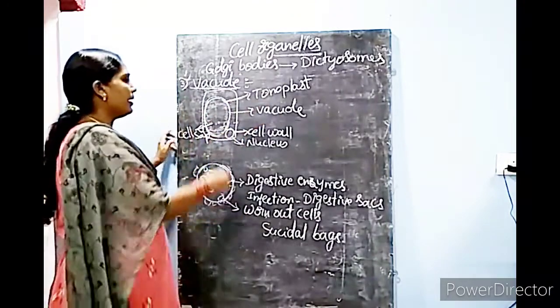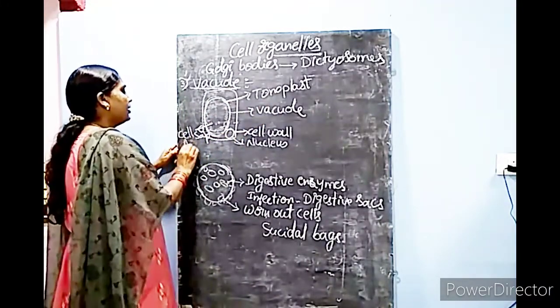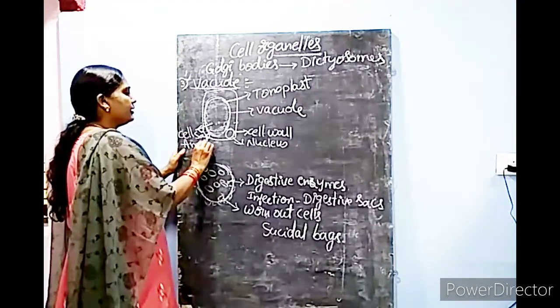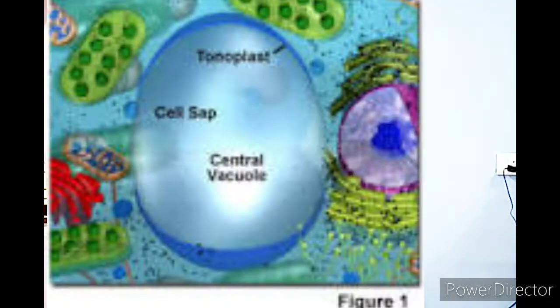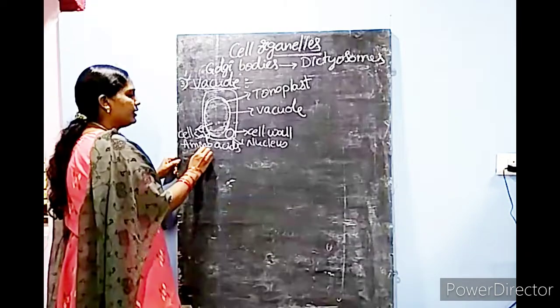And this cell sap is helpful for storing amino acids. From where do we get the amino acids? From the digestion of proteins, and by the synthesis of proteins, we get the amino acids. So this cell sap helps in the storage of amino acids.